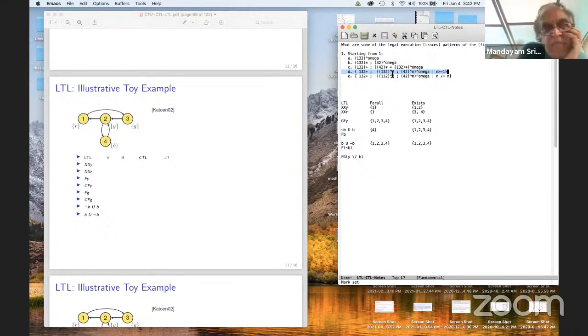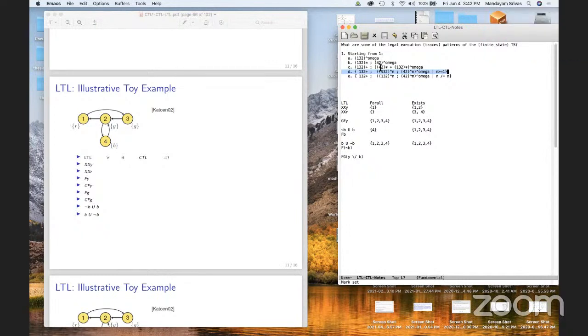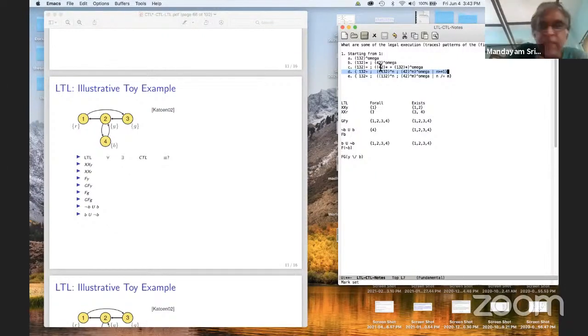Is that a legal execution of a finite state system? Anyone? You see the difference between D and C, correct? Ratnakar, since you've already seen some of this, maybe. Yeah, D requires that there's an equal number of times every time. Correct. Okay, so that is clear.